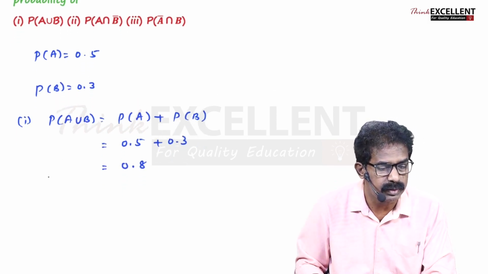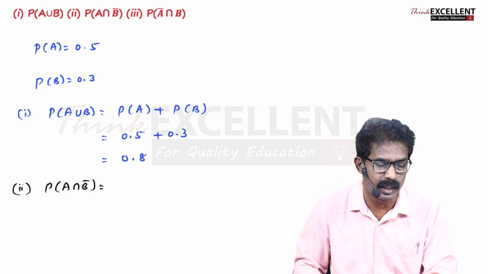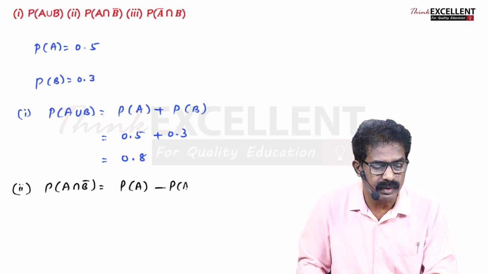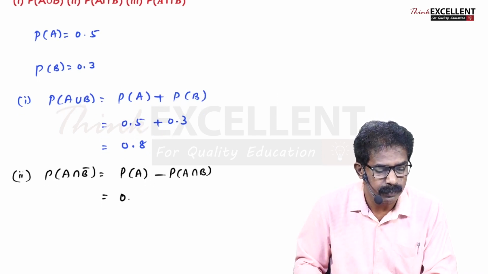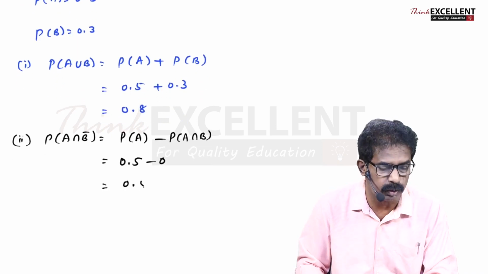See the second subdivision. P of A intersection B bar. So that is only A, right? So P of A minus P of A intersection B. P of A is 0.5 minus P of A intersection B, 0, mutually exclusive, right? So you are getting 0.5.